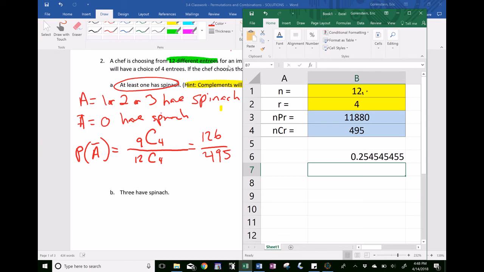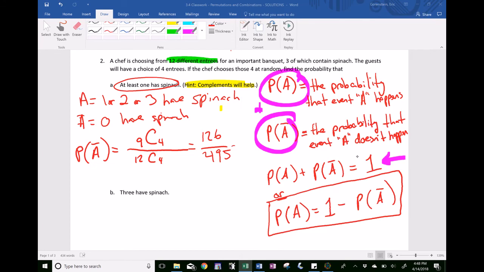So if we take 1 minus this number, this should be the probability that our event does happen. P of not A is 0.255. So let's come back over here.